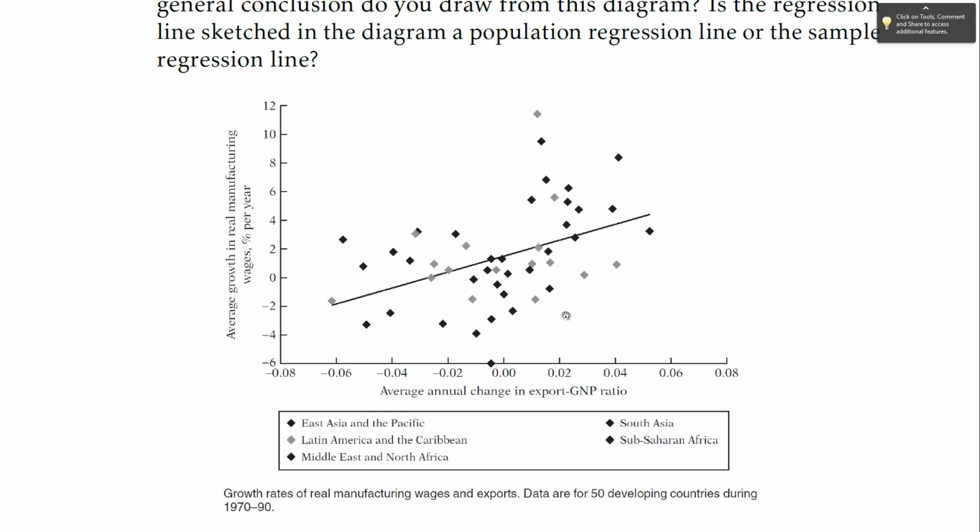That means if the true relationship is indeed quadratic, then this line represents the sample. So maybe this line is just based on the sample of those countries. But the true population regression might be different. All right?